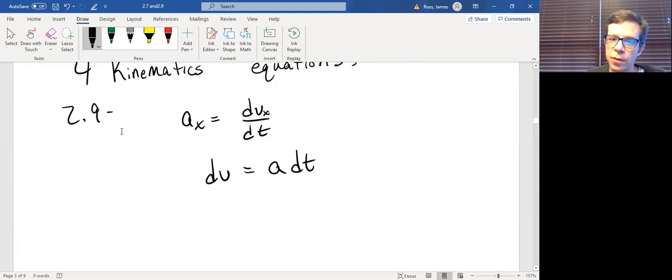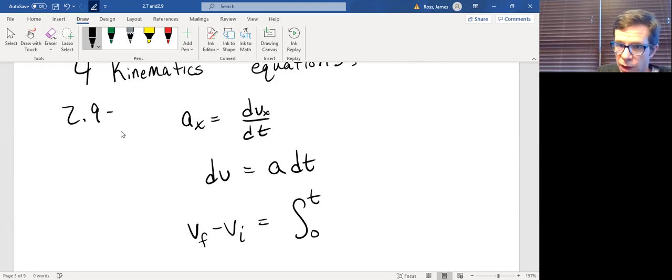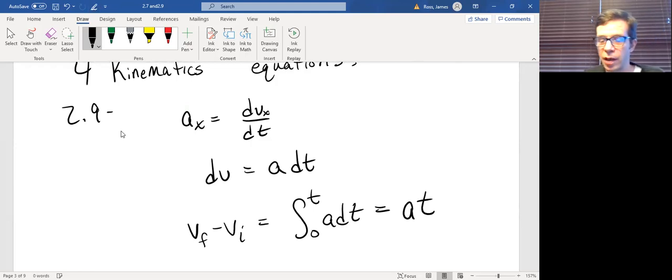Now we integrate both sides, and we'll get v final minus v initial equal to the integral from 0 to t of a dt, which then gives us a times t, right? Because a is just a constant, the integral from 0 to t is just t.